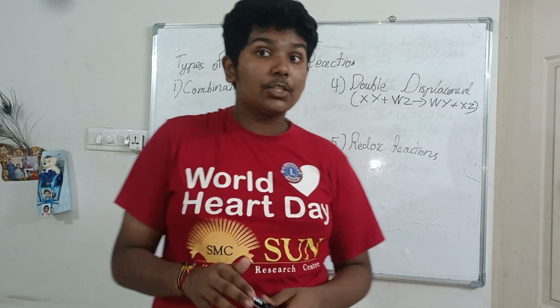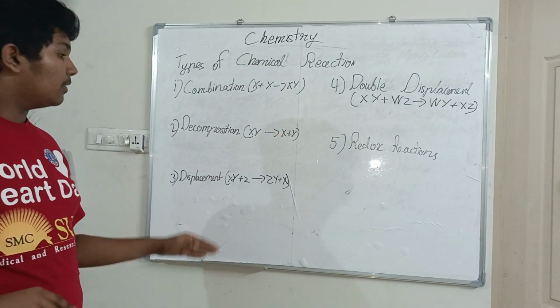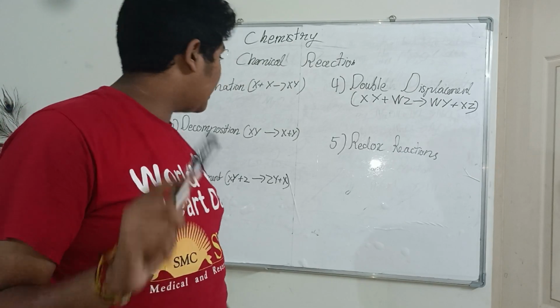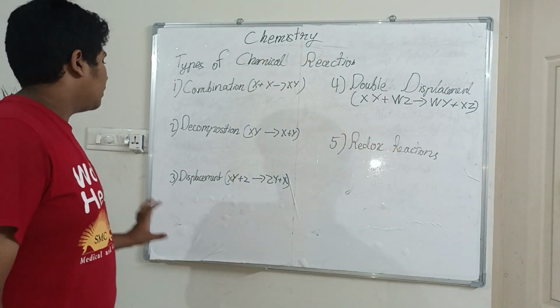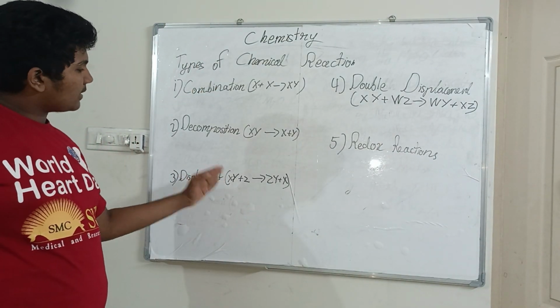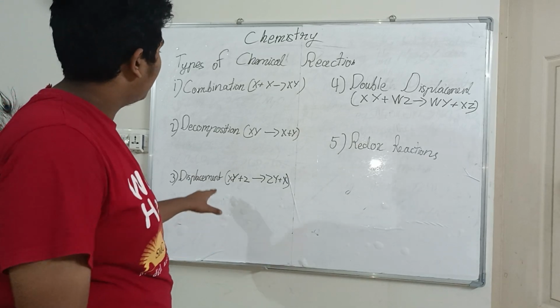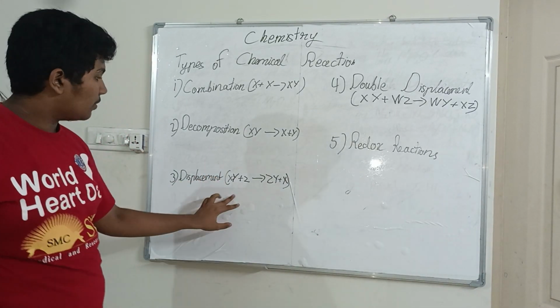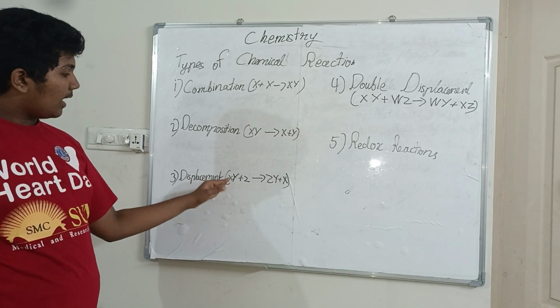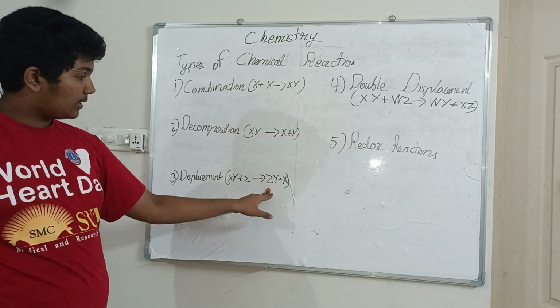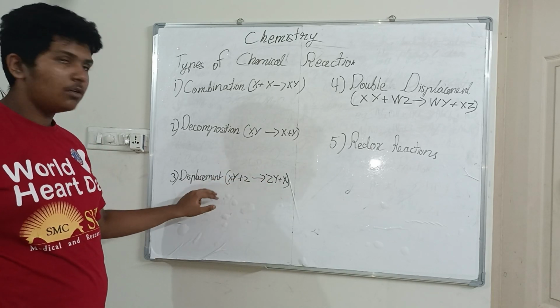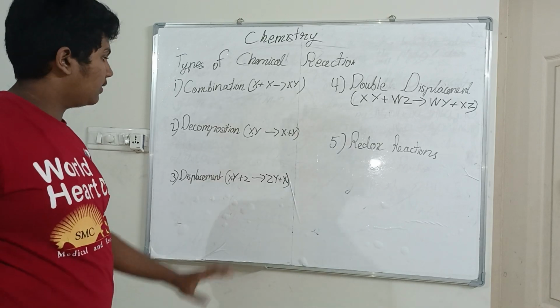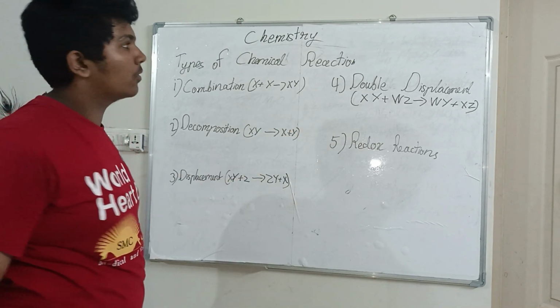Displacement is XY plus Z gives you ZY plus X. So here X is less reactive than Z, which is why it is displacement. So XY turns into ZY because Z removes X and goes with Y.